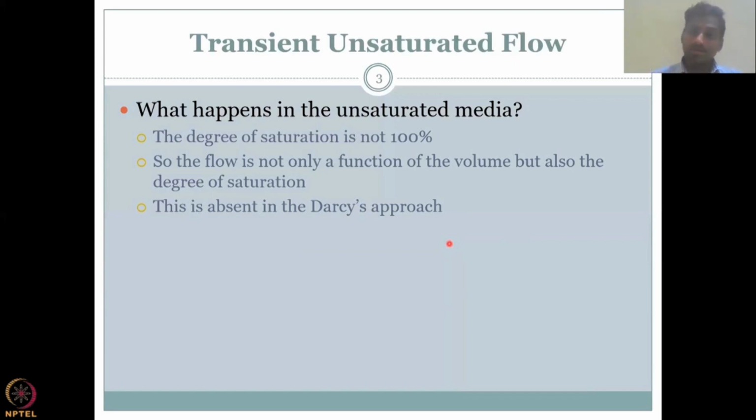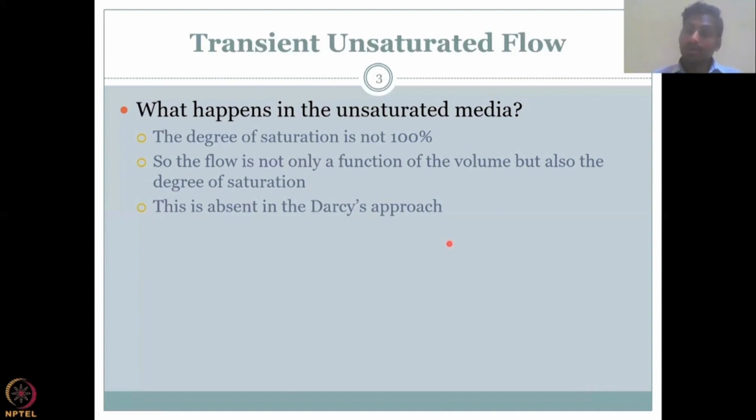When it becomes 100%, it becomes saturated. The flow is not only a function of volume, but also the degree of saturation. So if the soil moisture is fully saturated, then you have Darcy's equation that can apply, because whatever water comes in can push the volume inside the soil and another volume can come out.